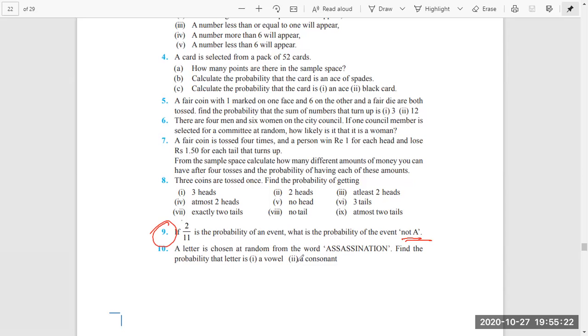Not A means it will contain all the events of the sample space except A. So that is 9 by 11. The probability of A complement is the probability of the sample space minus the probability of A. The probability of the sample space is always 1, minus 2 by 11, so it is 9 by 11. Very good.